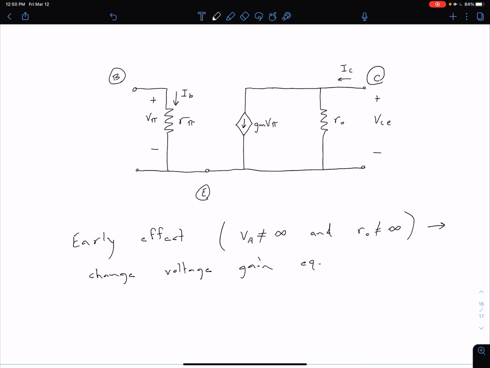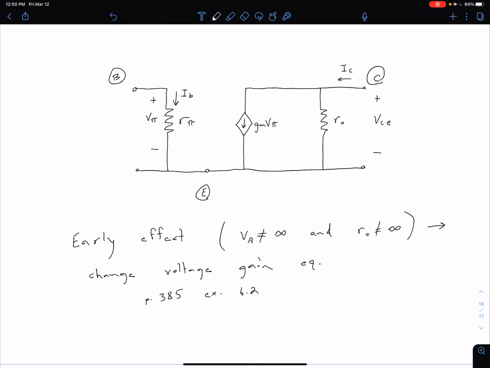If you want to see more on that, I encourage you to look on page 385, example 6.2 in the textbook. It's essentially the same example you looked at in the previous video, but now we're considering the early effect. Of course, sometimes you might not be told explicitly to neglect the early effect, but instead you'll be told VA equals infinity or R0 equals infinity.